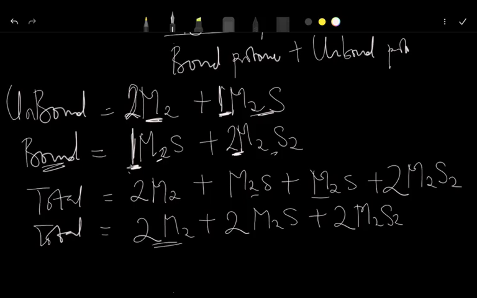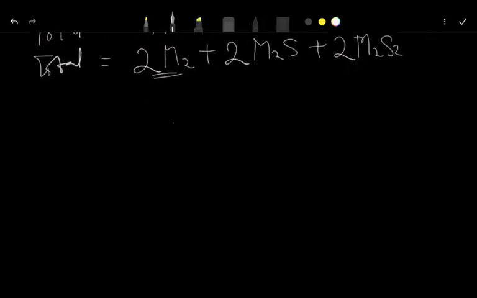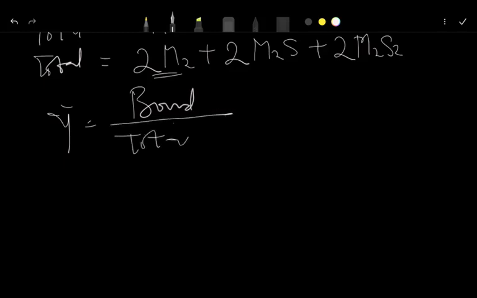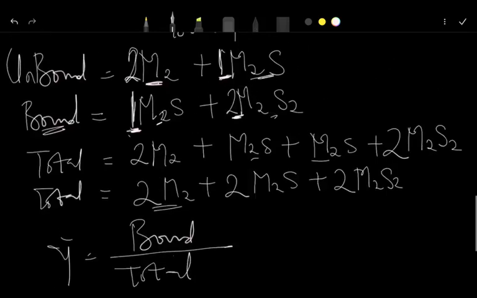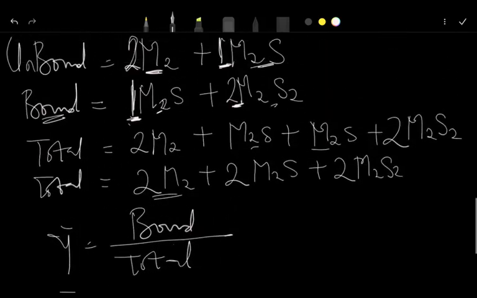So let's go back to that equation now. The fractional saturation, y bar, is equal to my bound over total, which is bound plus unbound. What is my bound?